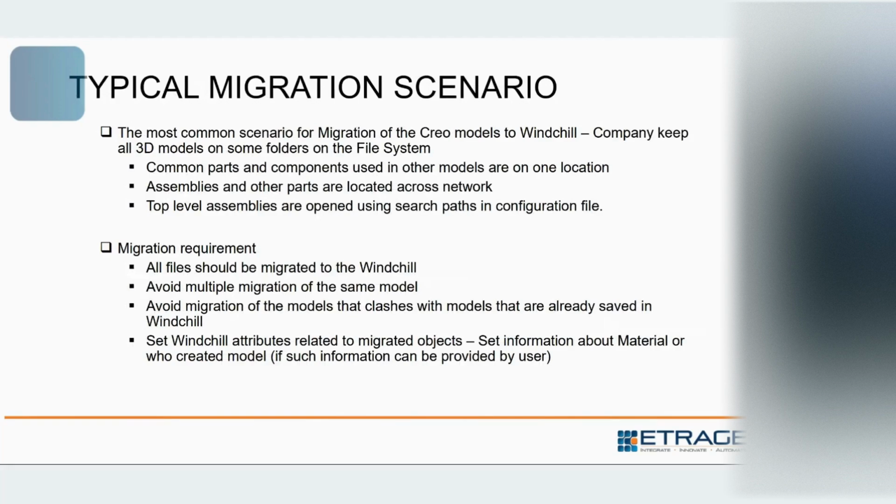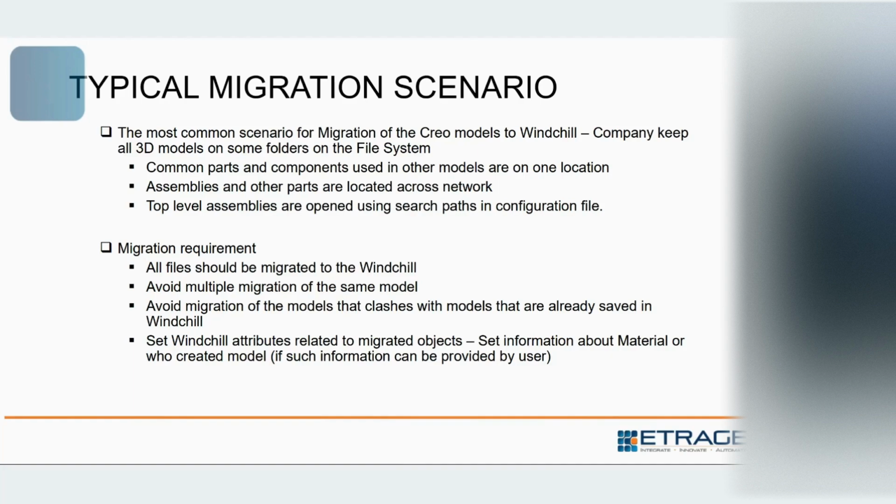So, at the end, let me present the typical scenario for migration that we identified in most companies. The most common scenario for migration of the Creo models to Windchill is that a company keeps all 3D models in some folders on the file system.